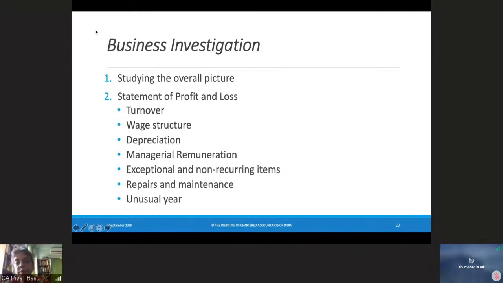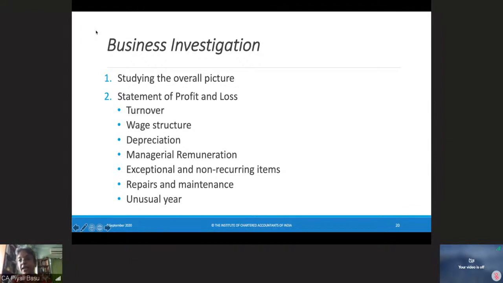Exceptional and non-recurring items we need to see. Claims materialized and payment is being made, so maybe that is one of the reasons. Unusual year. Like this year, 2021, I don't think anyone should make any assumptions or any plan based on the facts and figures of 2021.